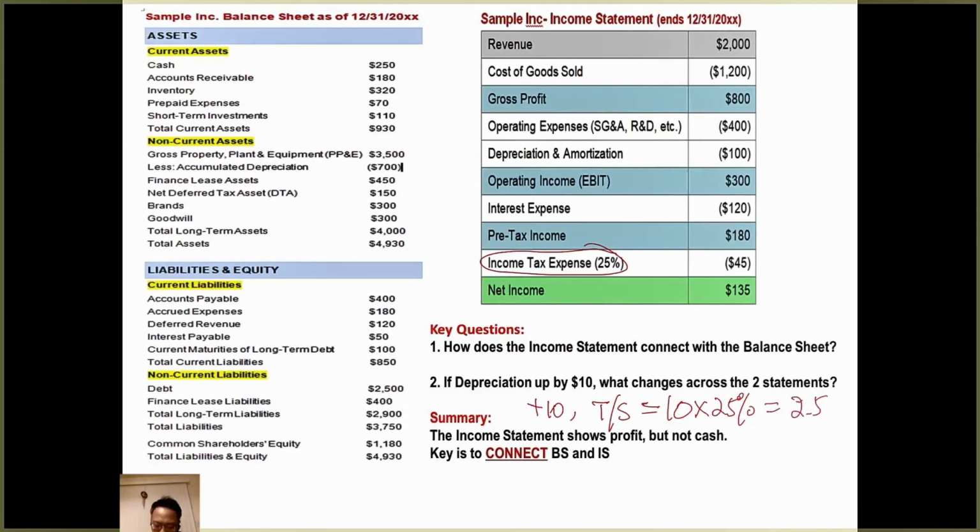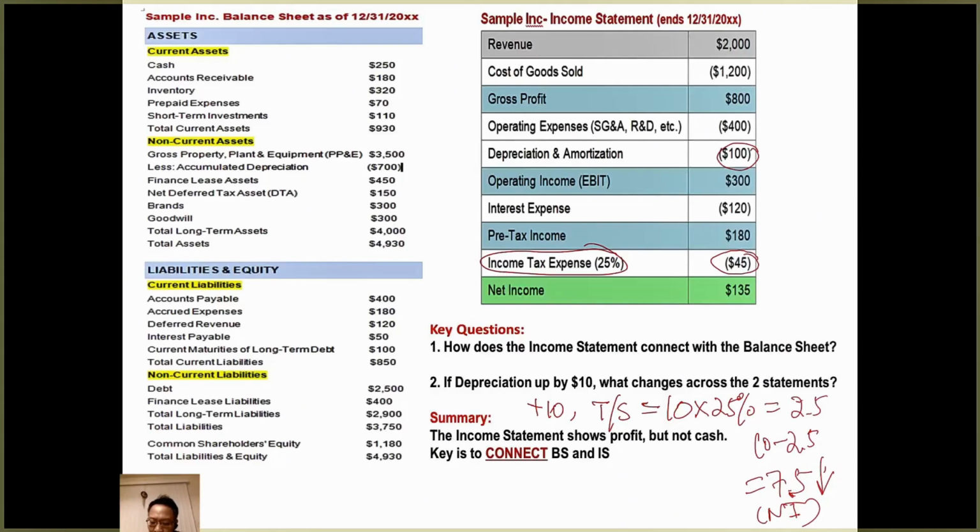So what's the actual change? In other words, depreciation causes net income to decrease, but it won't decrease by the full $10. How much will it decrease? 10 minus 2.5 equals 7.5, which means our net income will decrease by $7.50, not by $10. The reason is very simple. Even though depreciation goes up by 10, within that $10, part of it is tax.